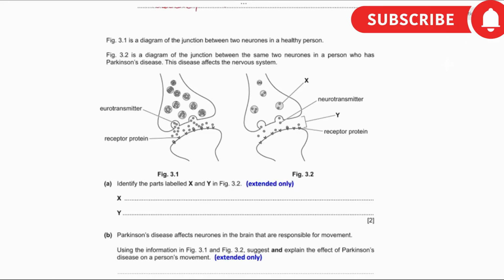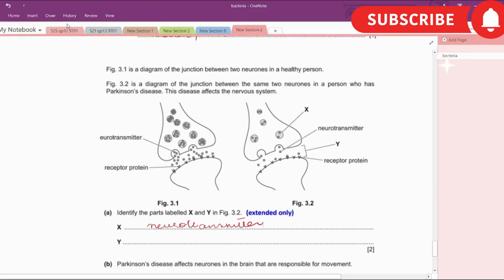X are the neurotransmitters. So these are the neurotransmitters, and this one. Oh, they are not neurotransmitters. Sorry, these are not. These are vesicles. Thank you for mentioning this. Just a minute.